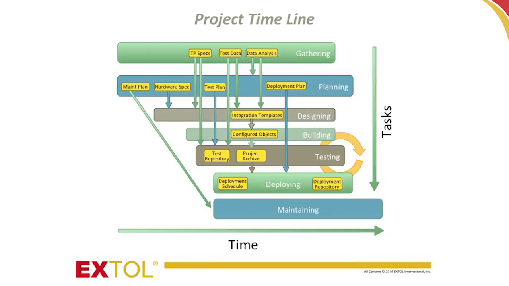The final piece that I want to talk about on this slide is the importance of maintaining. The maintenance plan of any type of project like this is important to make sure that we're keeping up with all of the trading partner requirements as well as the business requirements. A business requirement may change.